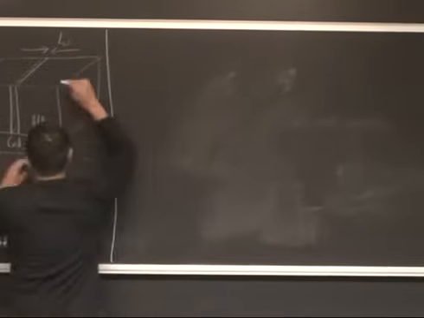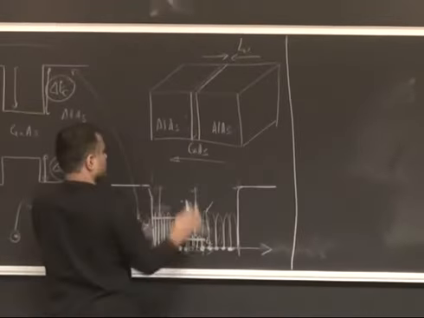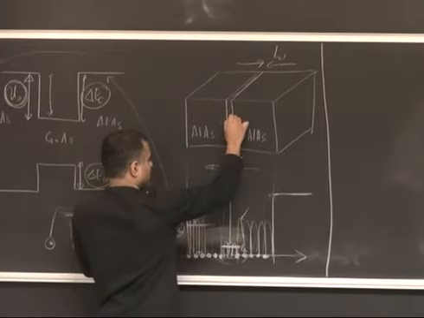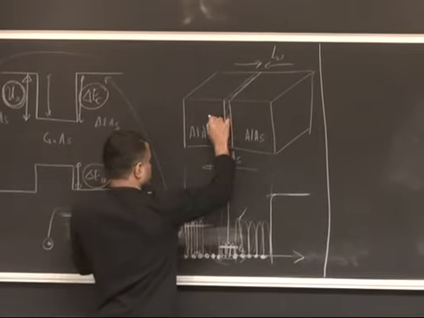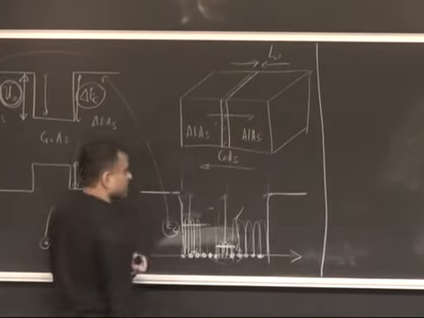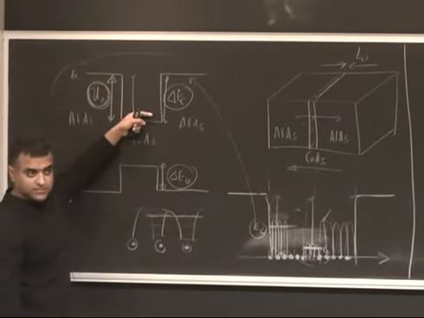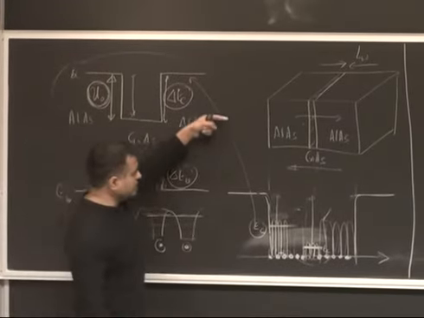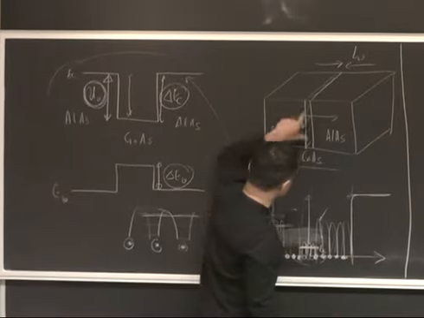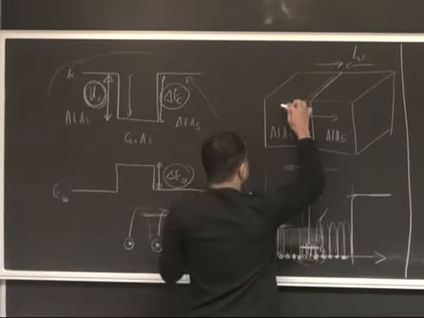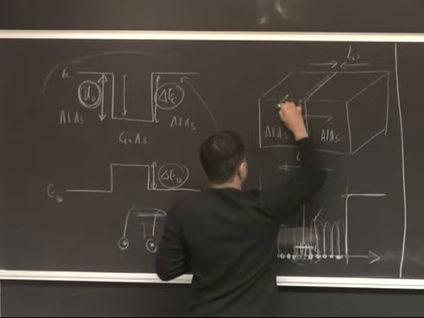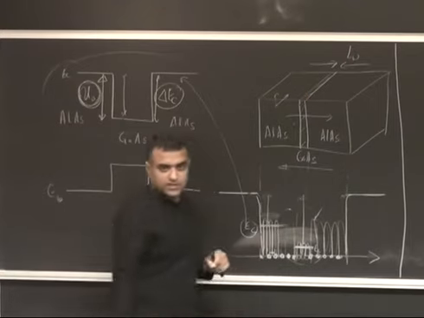What we're going to do is, you realize in this picture that if the electrons are moving in this direction, only then they see this well. Right? It's a very important point. Only when they're moving in this direction, that's when they see the well. If the electron was somehow in aluminum arsenide and it was moving this way or that way, there is no well there.